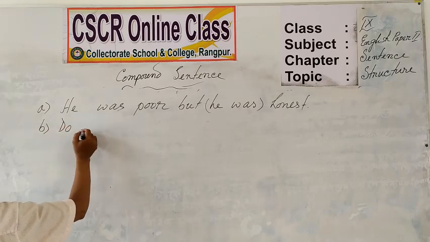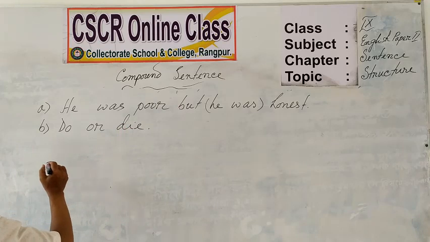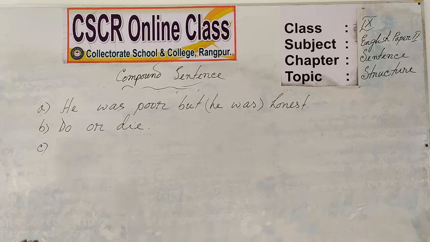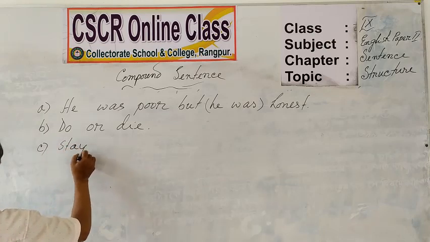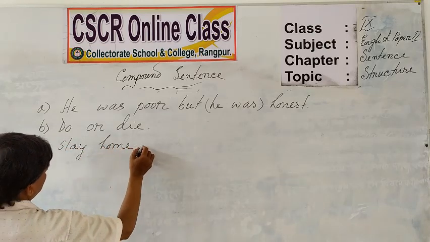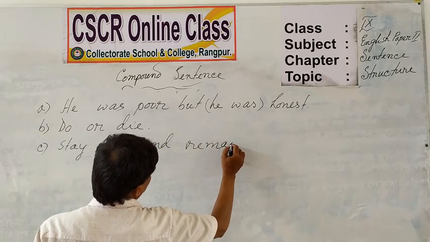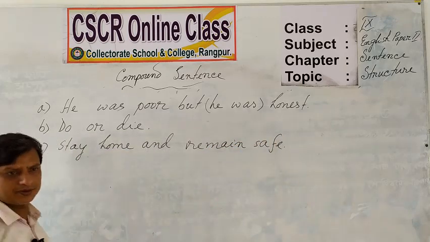Again, number B, do or die. Next, number C, stay home and remain safe.